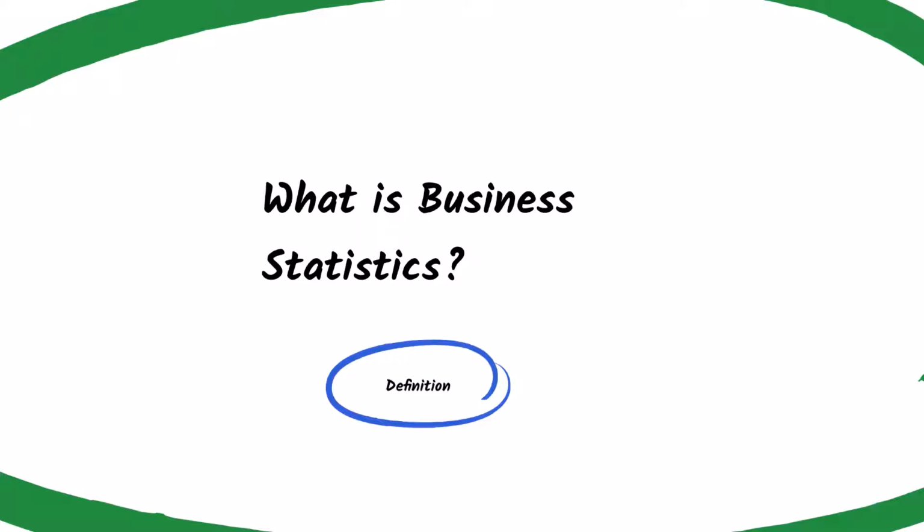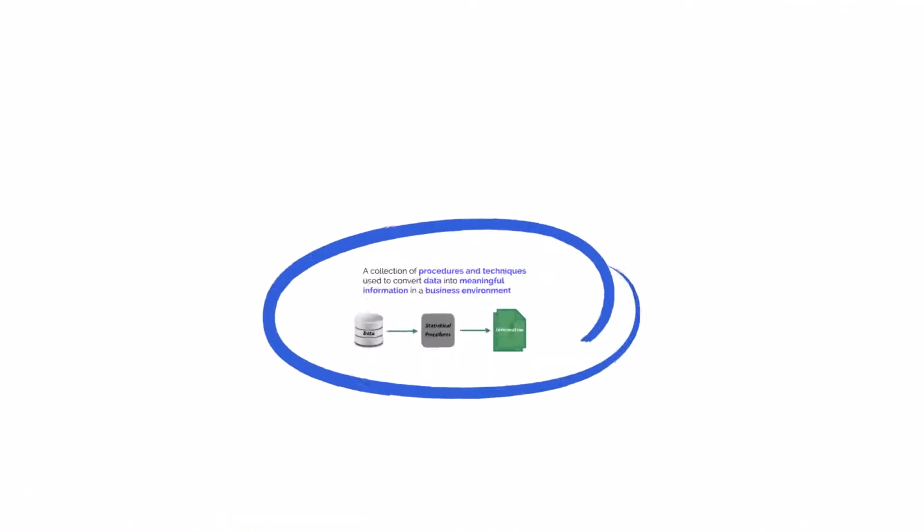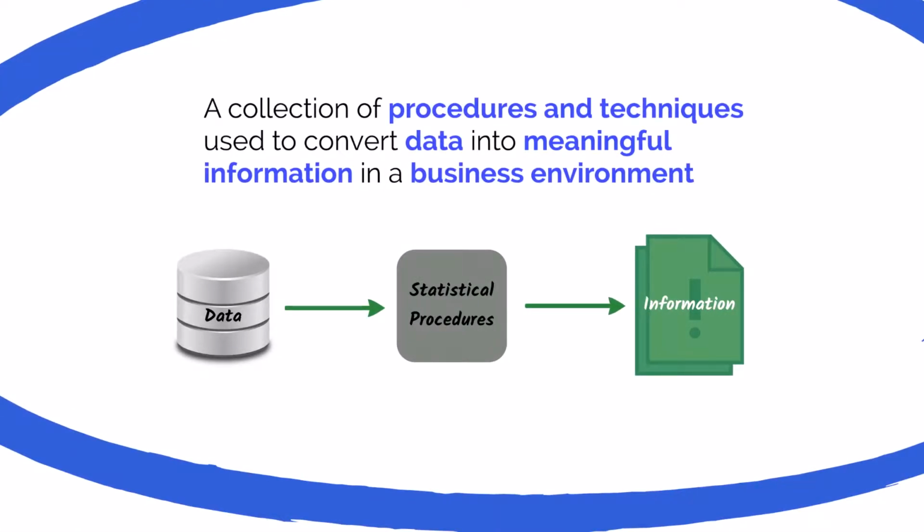Finally, government agencies amass extensive data on things like unemployment, income, and education. These are just a few examples. So we could define business statistics as the collection of procedures and techniques used to convert this data into meaningful information to make business decisions.